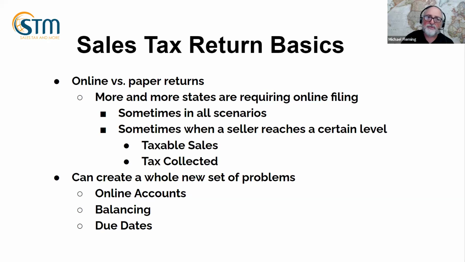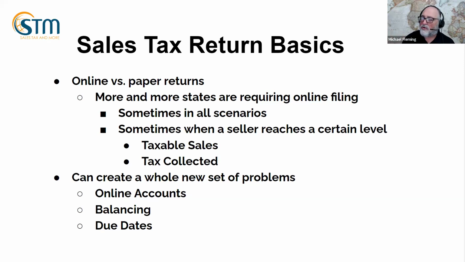Sometimes back returns need to be done on paper. So there's all different scenarios as to when you may or may not have to do an online return. Once you reach that certain level, you have to do it online.